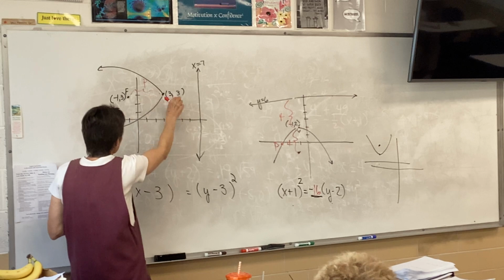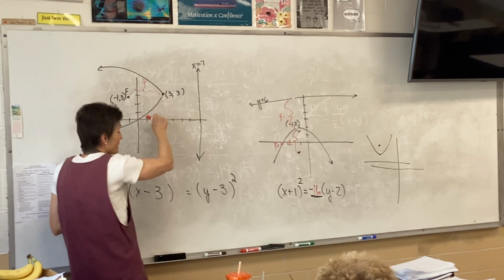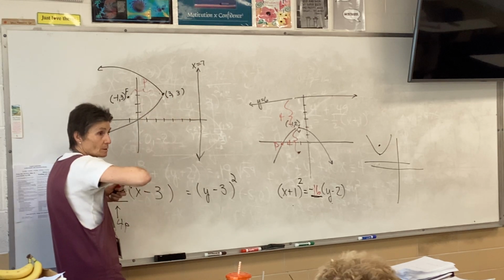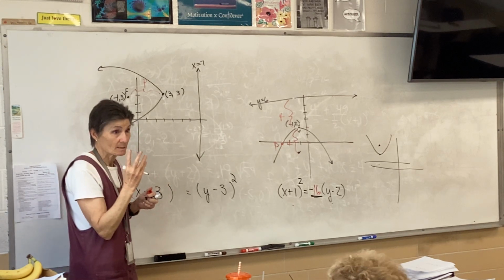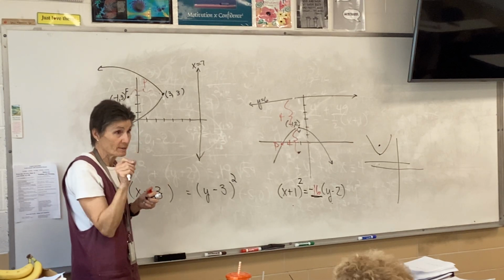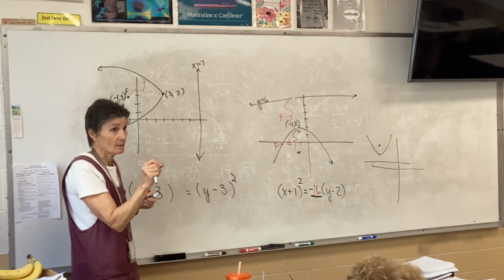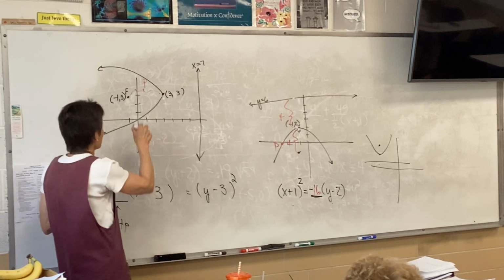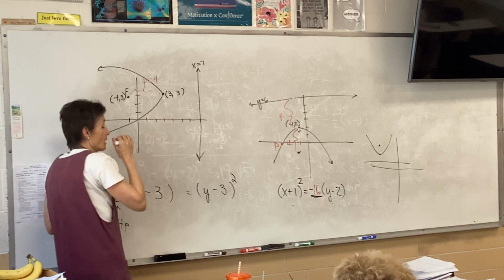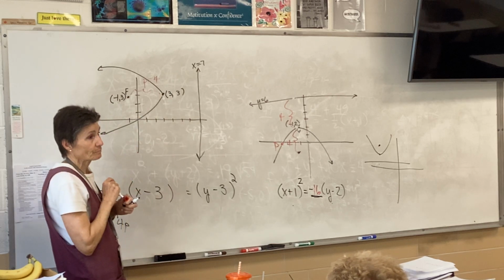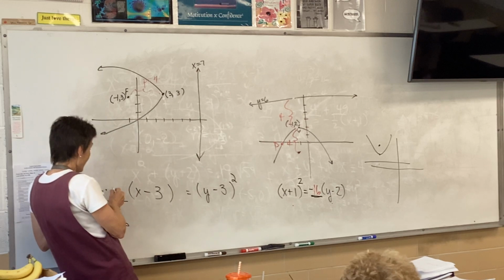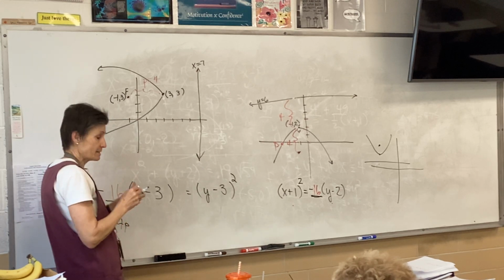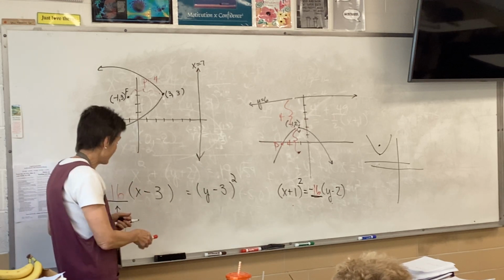I'm going in the x direction. So -1 to 3 is how many steps? No, -1 to 3 is 4 steps. Think of a number line. You're on -1. You got to get to 0, and then 1, 2, 3. So that's 4 steps. If p is 4, then this guy is a 16. And here it is.